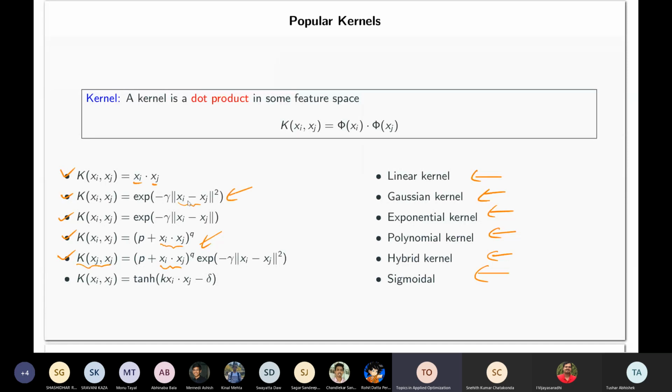This again can be computed in the original space, because it is minus gamma times (xi minus xj) transpose (xi minus xj). So these dot product computations can be done in the original space itself, by subtracting and then taking the dot product. So this is again cheap.